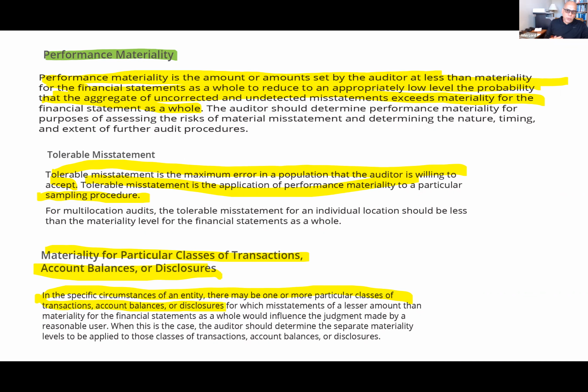There may be a debt covenant that says that debt is immediately going to come due if that happens. Well, that would be a pretty important disclosure, and we may set our materiality levels even lower in relation to that particular disclosure, because if the debt's going to be called, there could be some issue with the going concern of the entity, et cetera. So we might even squeeze that materiality level even smaller.